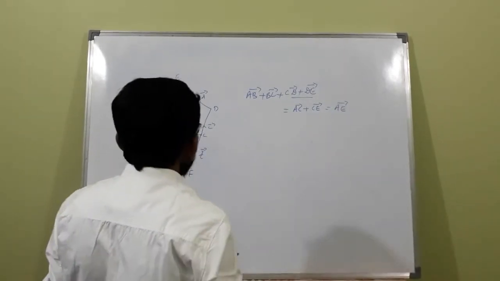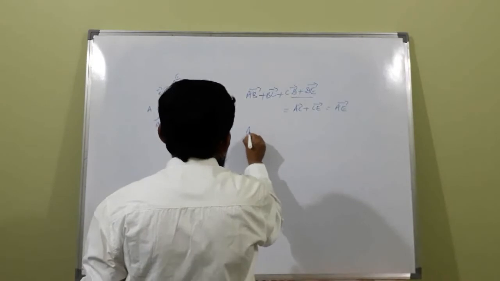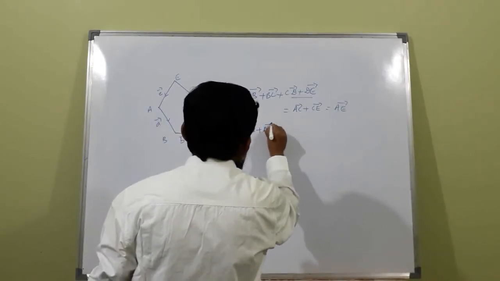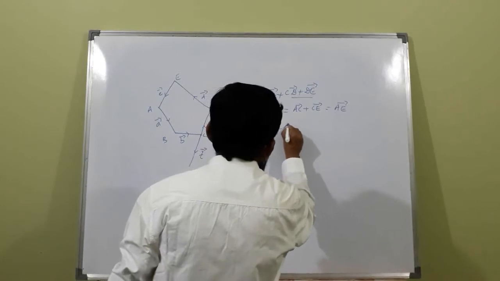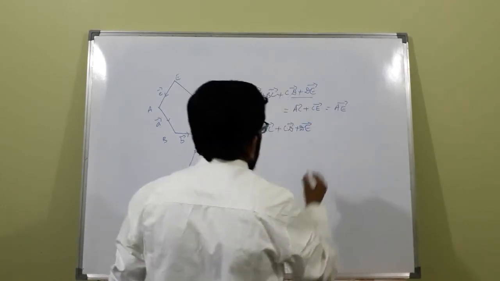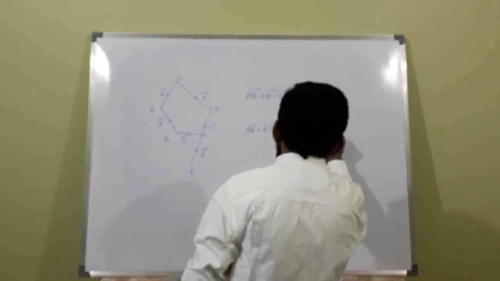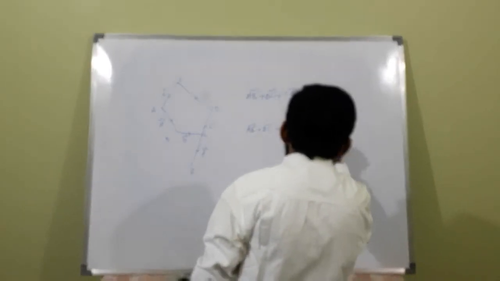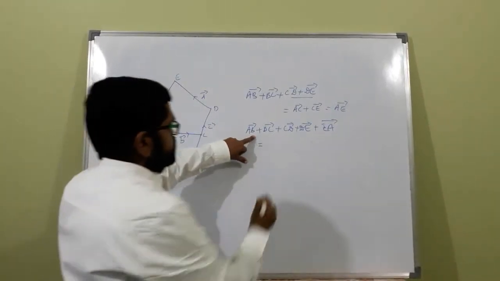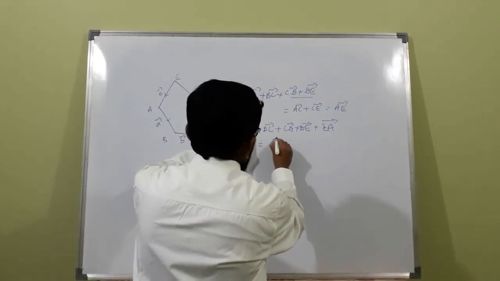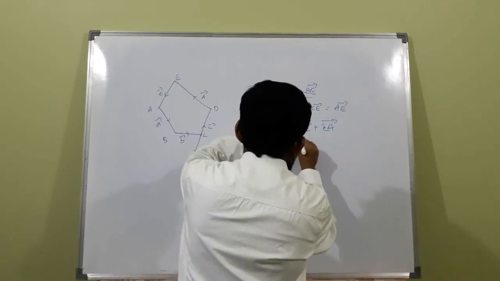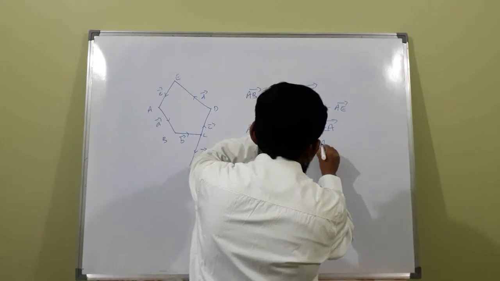Suppose AB plus BC plus CD plus DE plus EA also. Then what is the sum? AB plus BC is AC. CD plus DE is CE, plus EA.